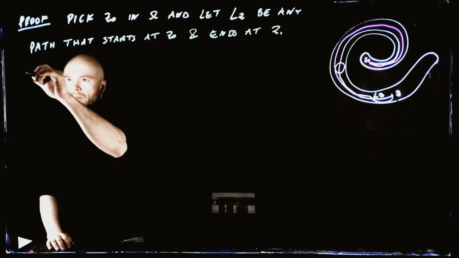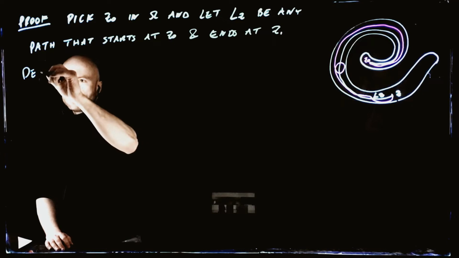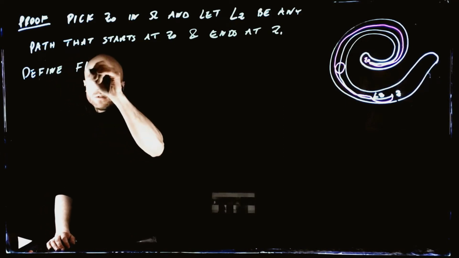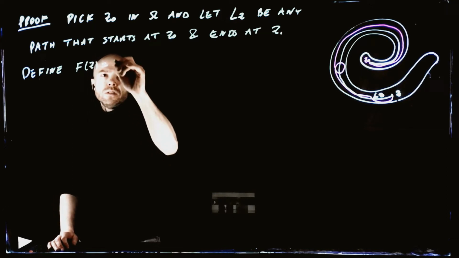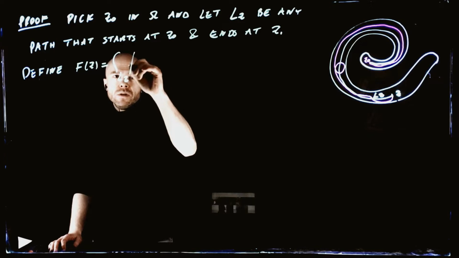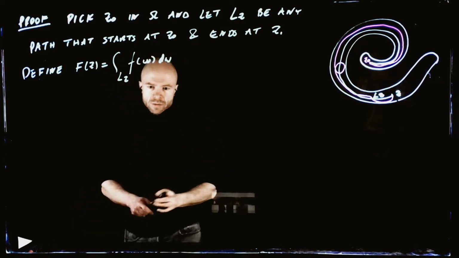And then define capital F of z to be the integral over L of z of little f of w dw. Okay?